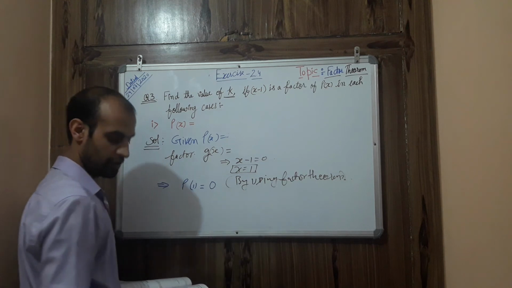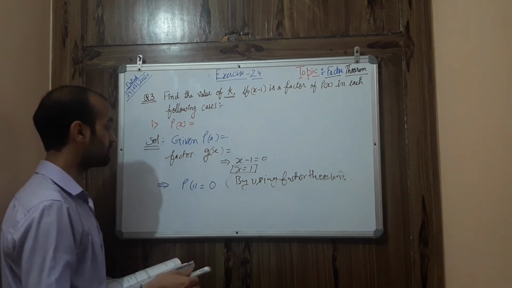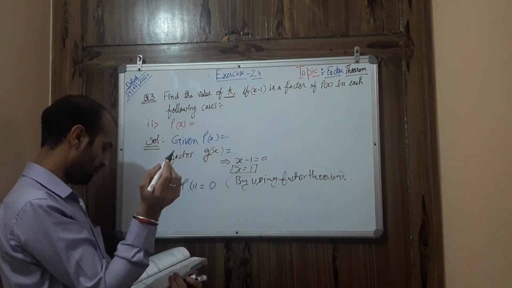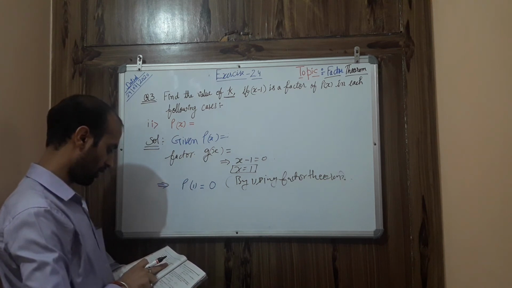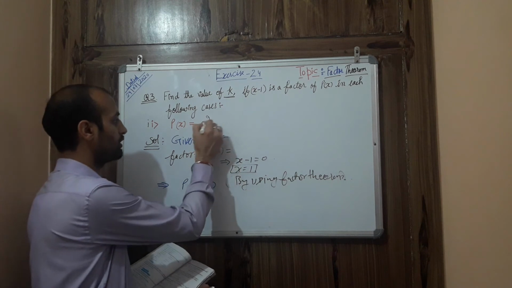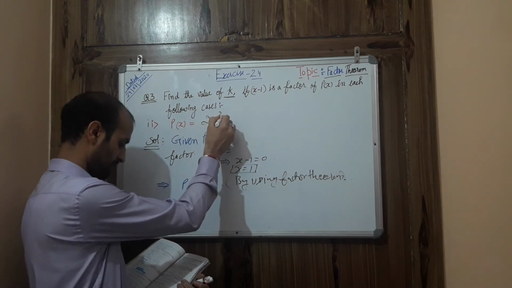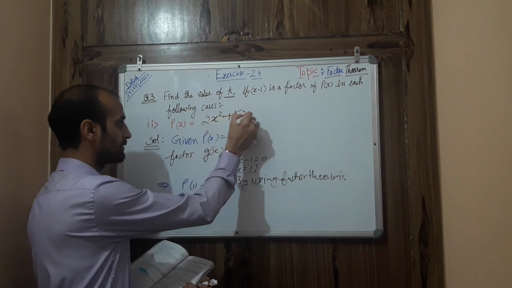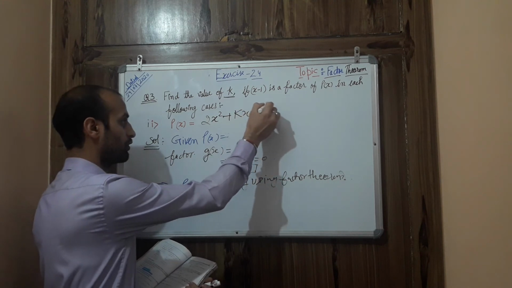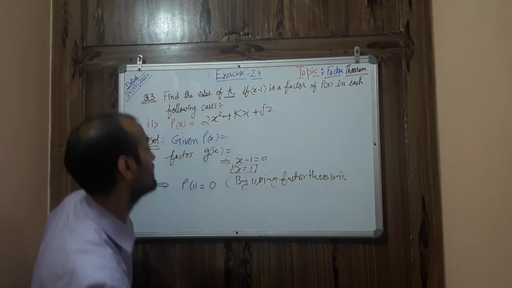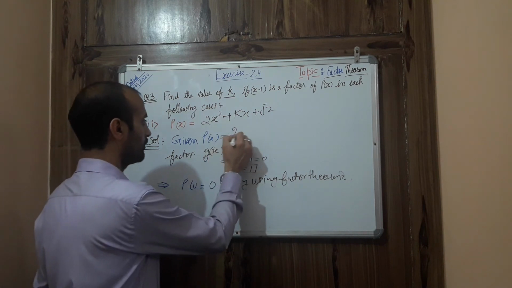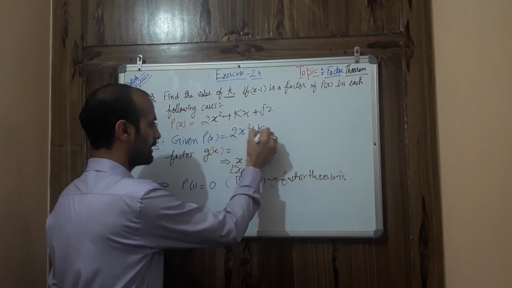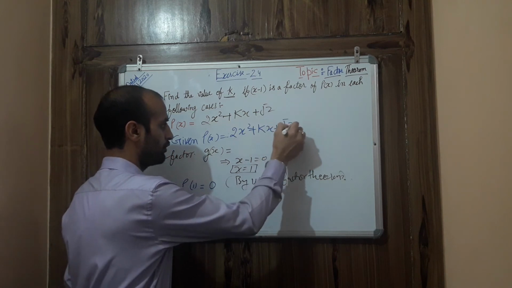Our next part is part number 2, where we are given 2x square plus kx plus under root 2. So in this case, once again we need to write p(x), that is given to us: 2x square plus kx plus under root 2.